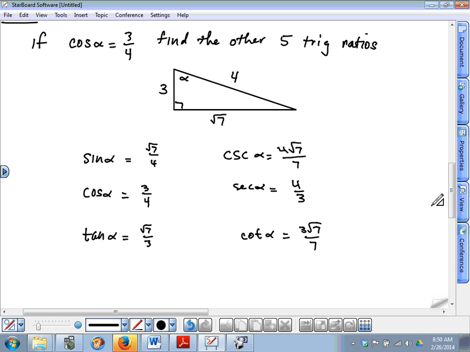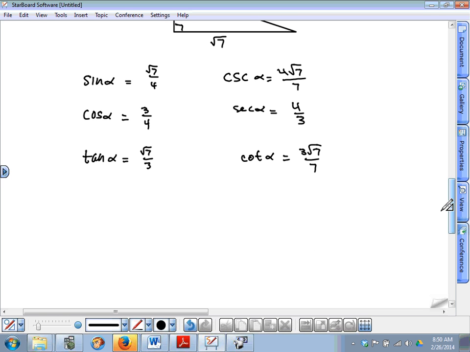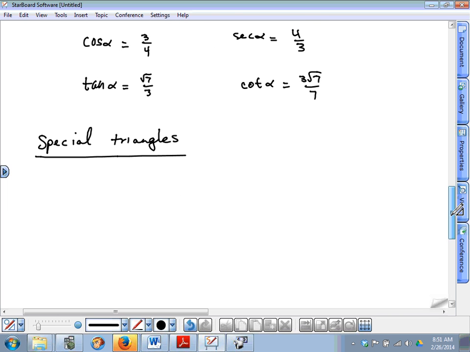Okay. Let's go into the special triangles. So one of them, as mentioned, was the 30, 60, 90 triangle.